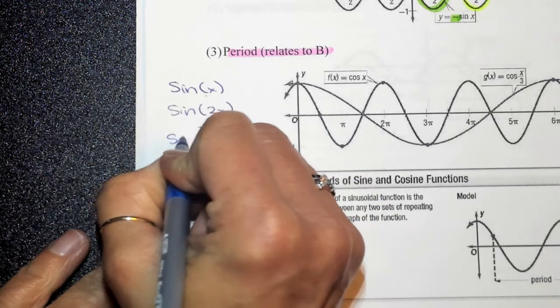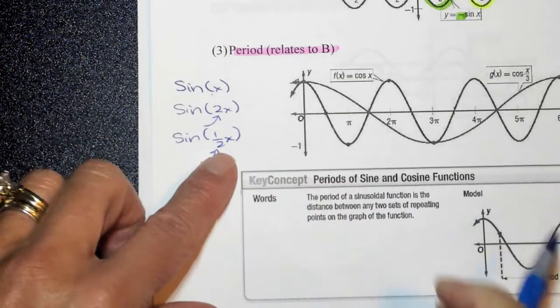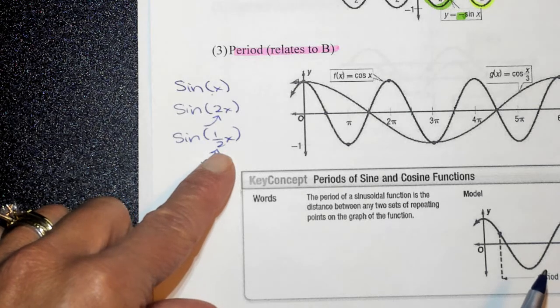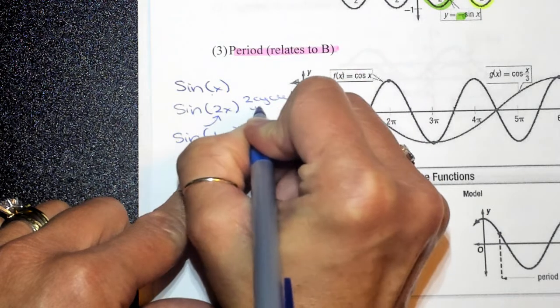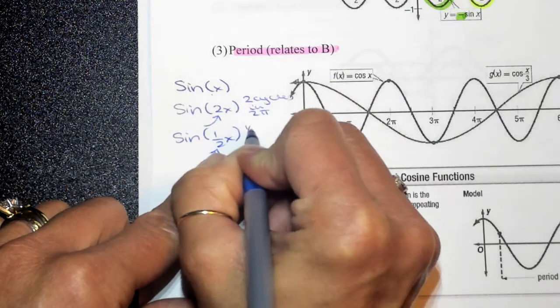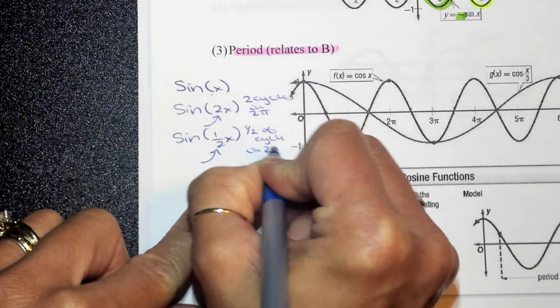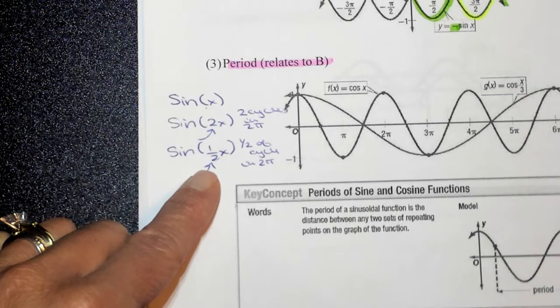If I had something like the sine of 1/2 x, this would mean I have half of a cycle in 2 pi. Okay, so this means 2 cycles in 2 pi, half of a cycle in 2 pi. And this is important, okay, because it's going to affect what our graph looks like.